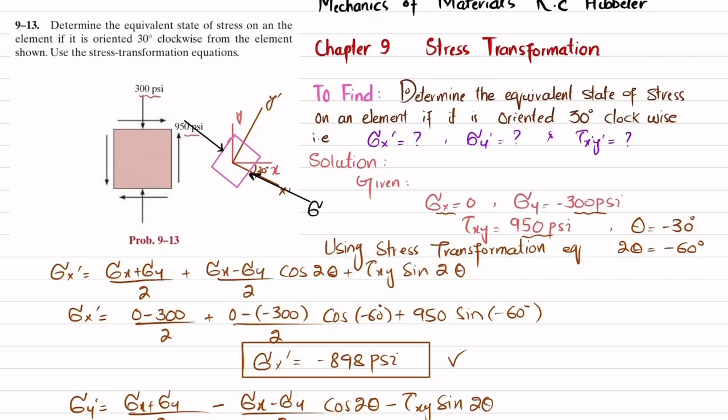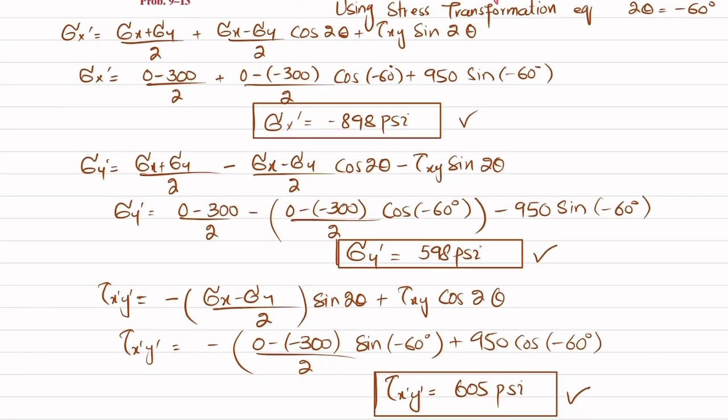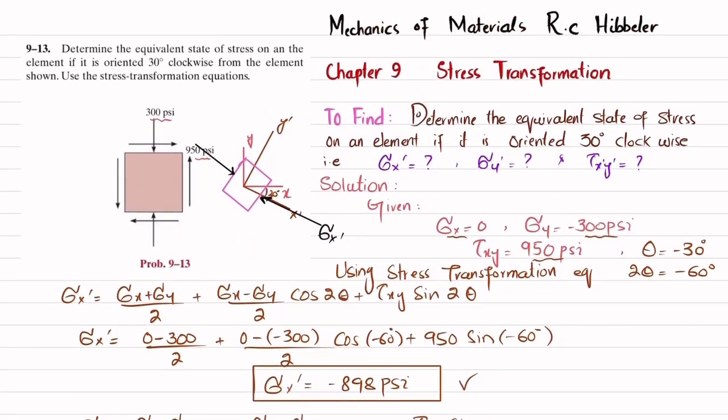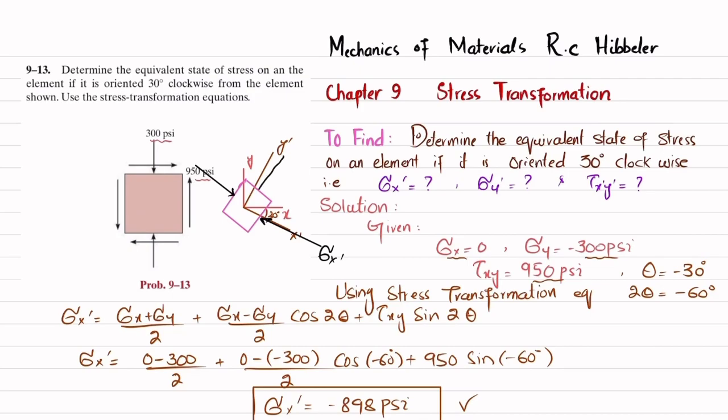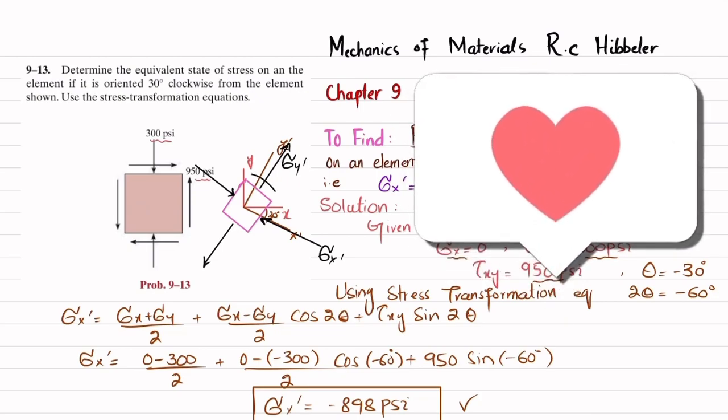This is your sigma x dash, and sigma y dash is 598. It is positive, so in the direction of y dash it will be like this, and your tau of x dash y dash will also be positive, so it will be like this.